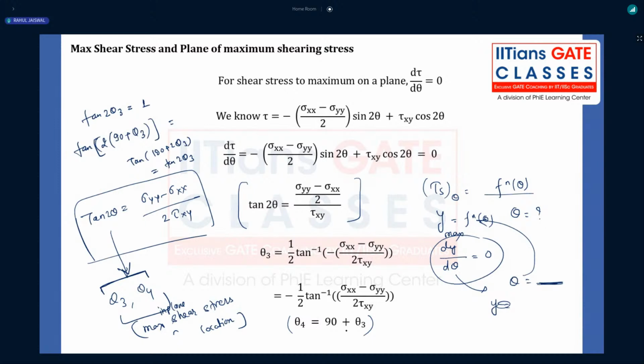Whatever the 90 plus theta 3 is, that is theta 4. For theta 4 and theta 3 values, you will be getting the same answer, if you put that particular value in tan theta.